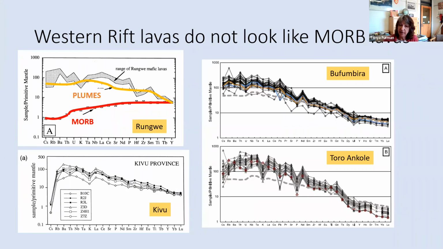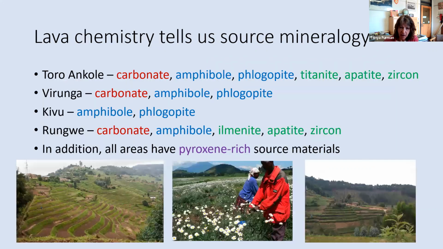First, we take a deep breath and we say, okay, all geochemists are crazy. That's fine. And then we say, well, wait. We understand how the oceans work. We understand how plumes work. And what we see here is that the Western Rift lavas don't work like that. Why is that? We can figure it out.